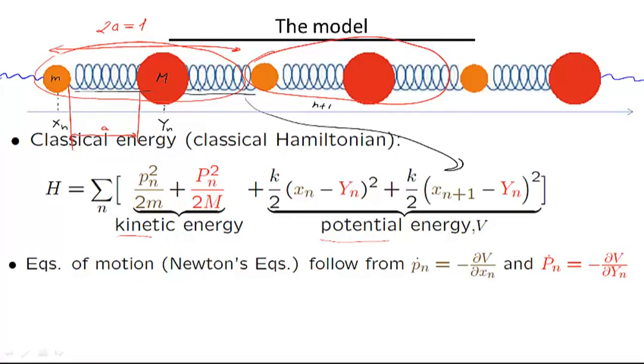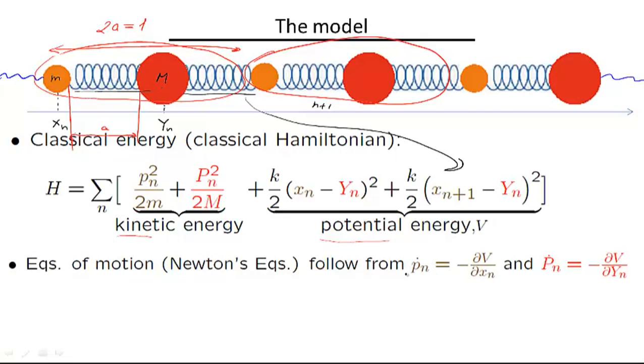As usual, Newton's equation is m times a, mass times acceleration, equal to the sum of all the forces. And the force can be found as a derivative, or gradient, in this case just a one-dimensional gradient, of the corresponding potential energy with respect to the coordinate of the particle we're investigating.